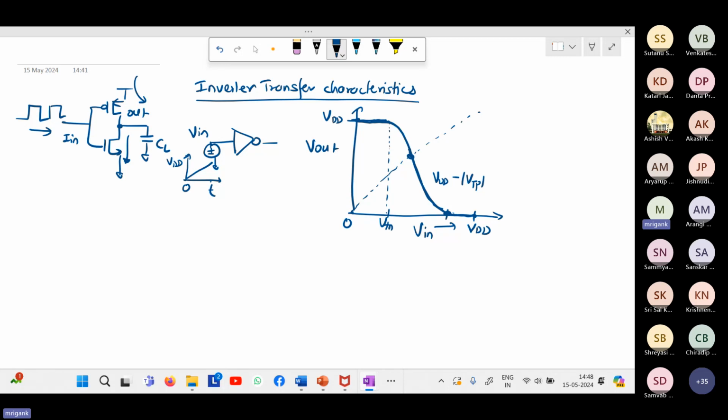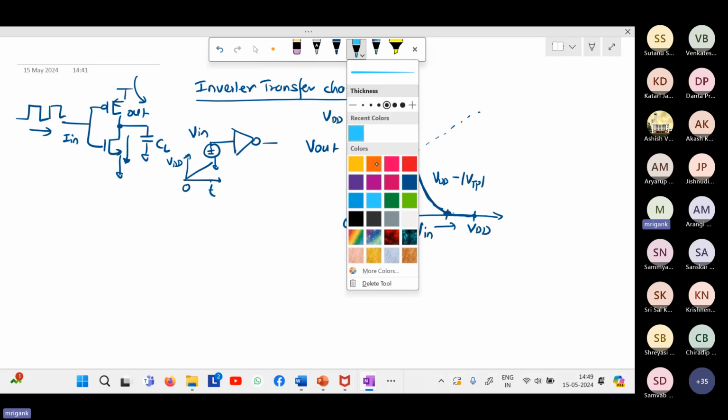And ideally, we would like this curve to cut the V out equal to V in line at VDD by 2. Why so? Because ideally, it will be good to have the inverter switching threshold, the inverter trip point, as we call it. What is the inverter trip point? I can name it as inverter trip point.